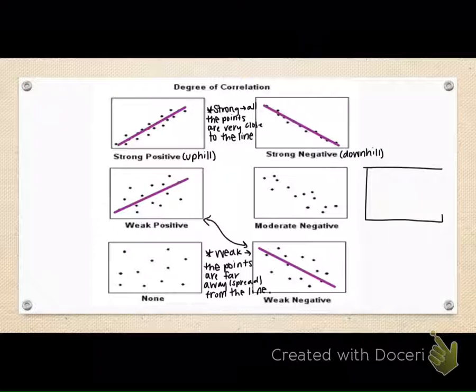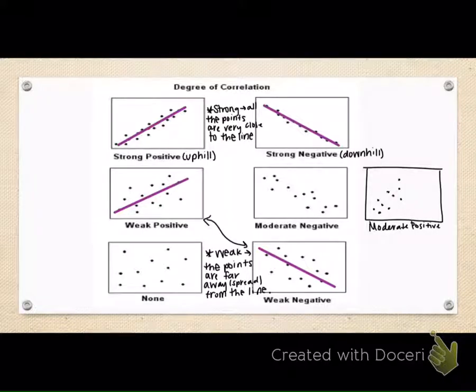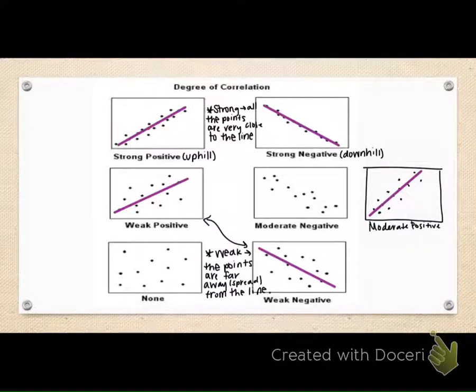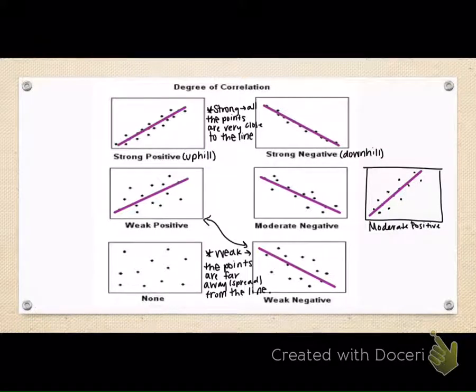Since they decided not to put a moderate here, we're going to do a moderate positive here. So a moderate, you'll notice that the points are still close to the line, but they're not as tight to the line, not all right next to each other.